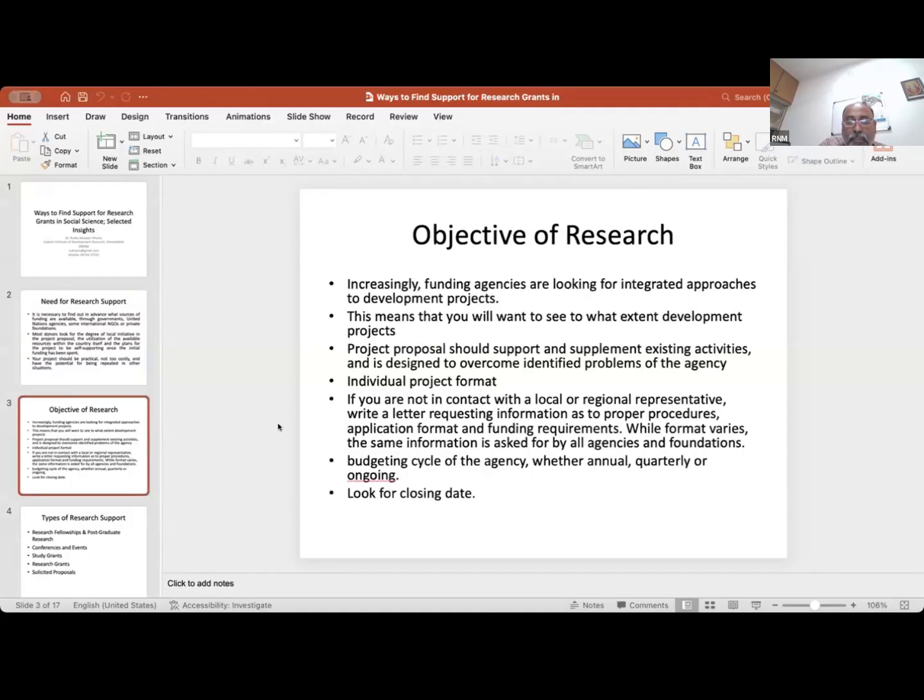Next slide please, slide number 3. So what is the objective of the research proposal? The research proposal's major objective is, as I have told, how to further the causes of the ongoing intervention in different development projects. That project proposal must be contextualized.